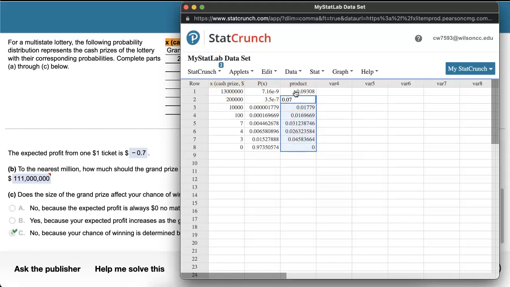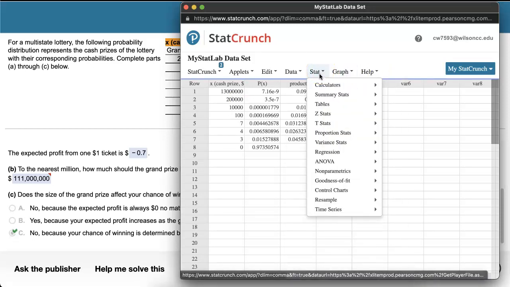I'm going to copy them by using Control-C and then paste them by using Control-V into the next column. And now I want a sum of just this column. If I were not using StatCrunch, I'd probably just add up these remaining values, not the first one. Because again, I want to try to work backwards to find what that cash prize should be so that I have a profit.